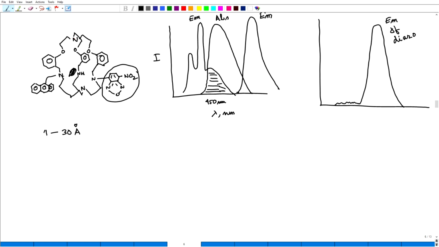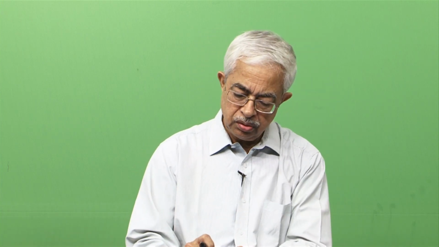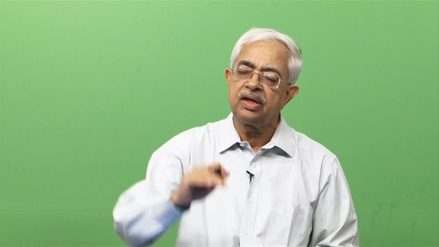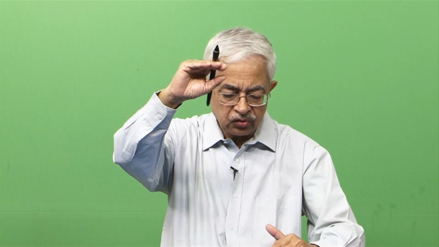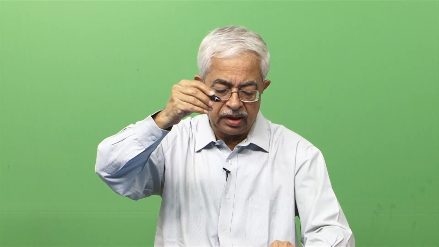So, anthracene was excited, it emits, it comes down, and the energy is given to diazo. Then diazo is excited because it has got all the energy from anthracene.